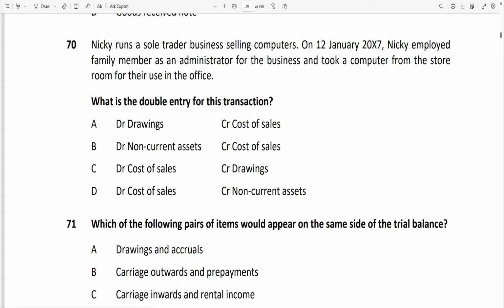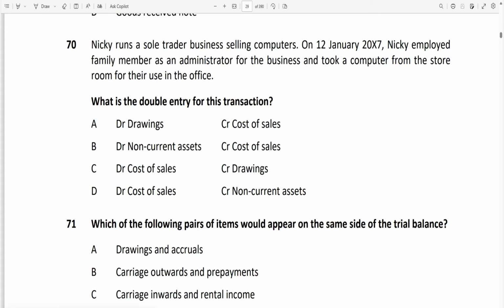And to reduce inventory we need to credit inventory. But in each of the options you can see cost of sales, so it means we need to credit cost of sales. Because if we debit inventory it will increase the inventory value, and if we credit it, it will decrease the inventory value. So in order to decrease inventory we need to credit cost of sales.